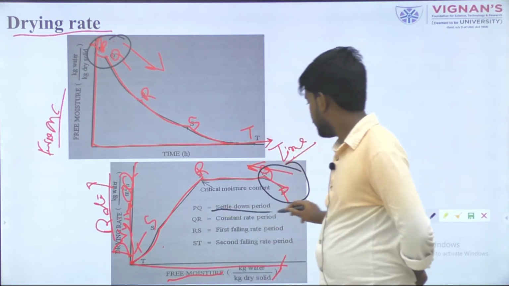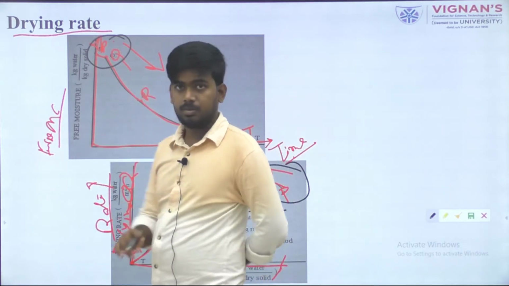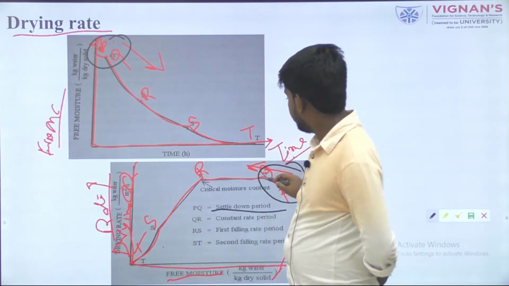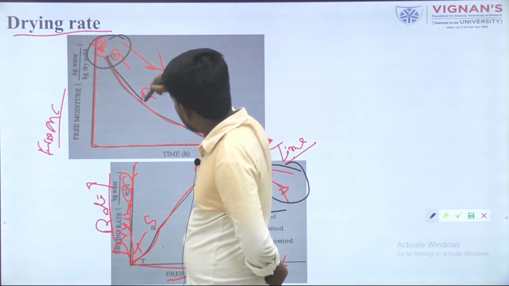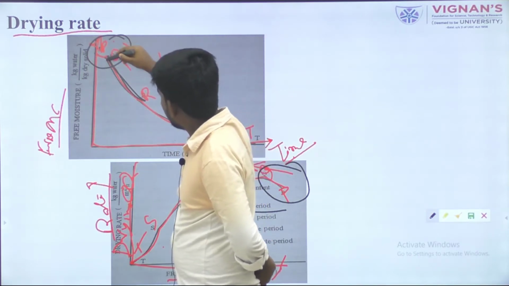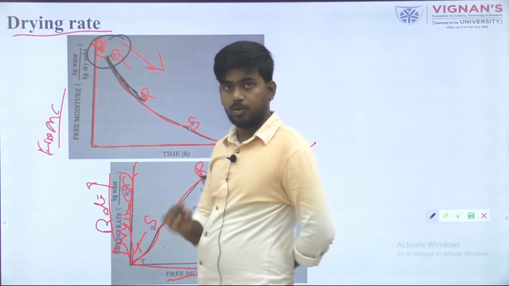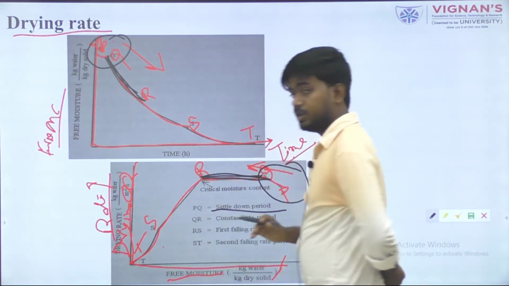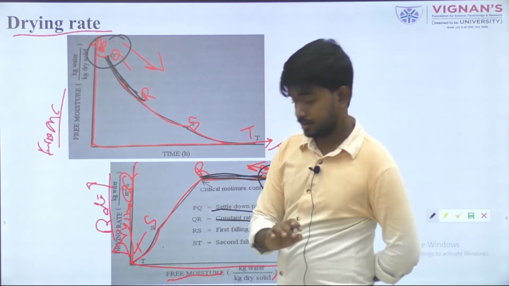This is known as the settle down period, or the majority of the time it is neglected. And this QR zone, a straight line, is known as the constant rate period.